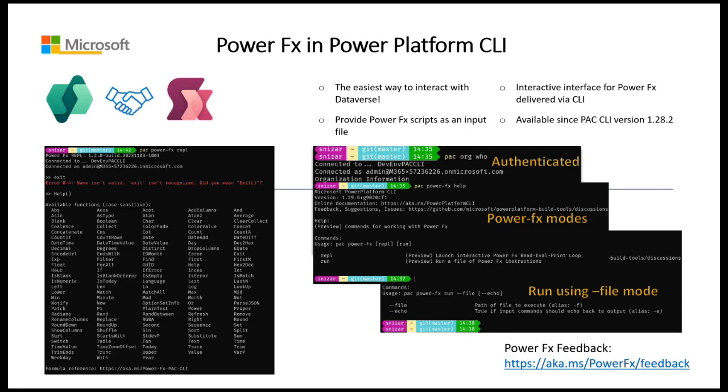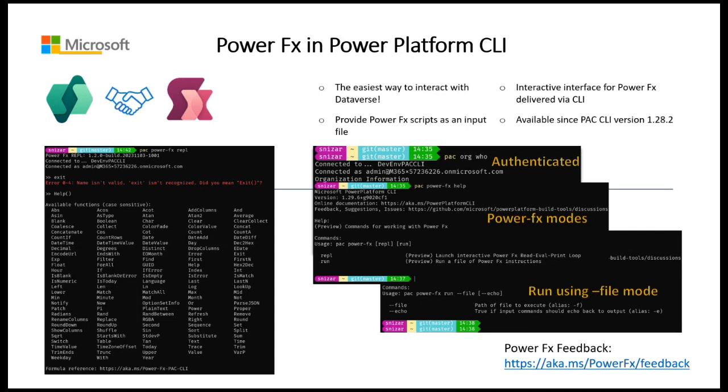Now, there is no true or false addition to the dash dash echo, so just make sure that it's only dash dash echo. There's nothing like dash dash echo space true or false. So that's the third step right there, running using file mode.